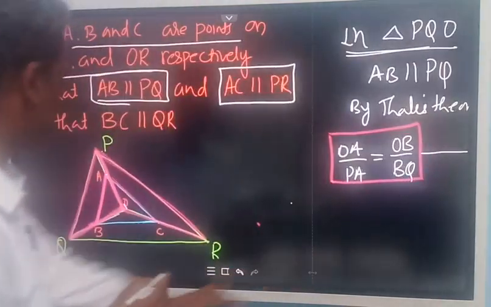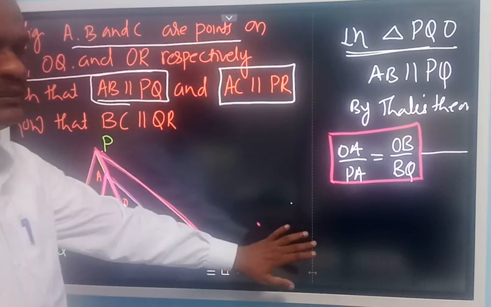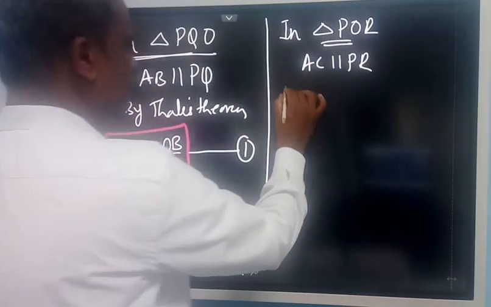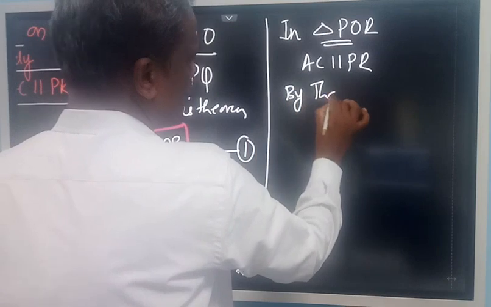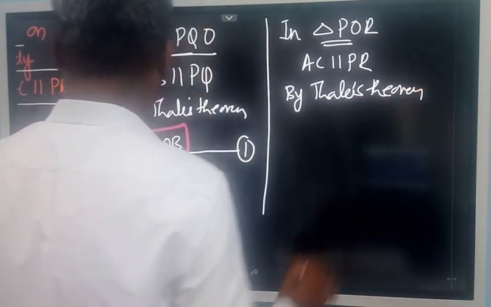Look at this diagram. If a line is drawn parallel to one side, it must divide the other two sides in the same ratio. Again by Thales theorem.